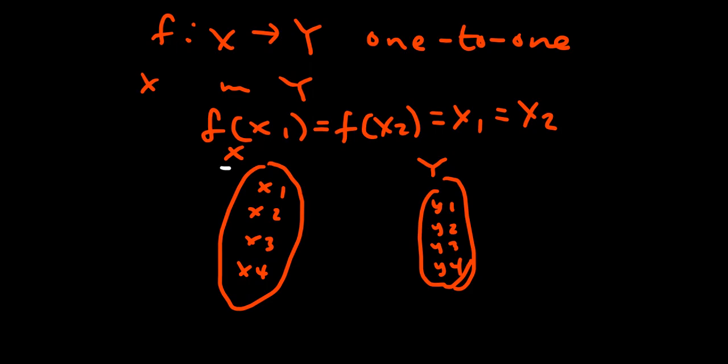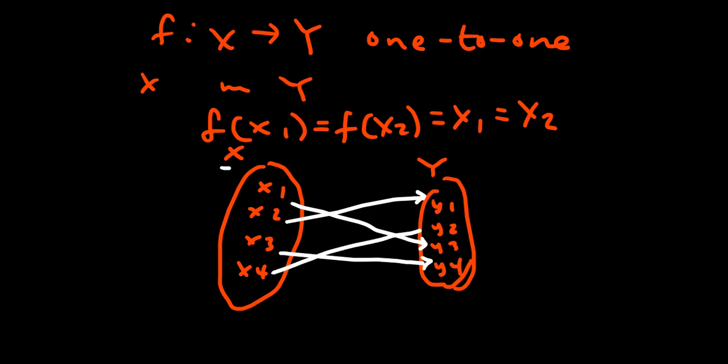So I have my x2 going there, my x1 going to my x3, my x3 going to my x4, and my x4 going to my x2 there.